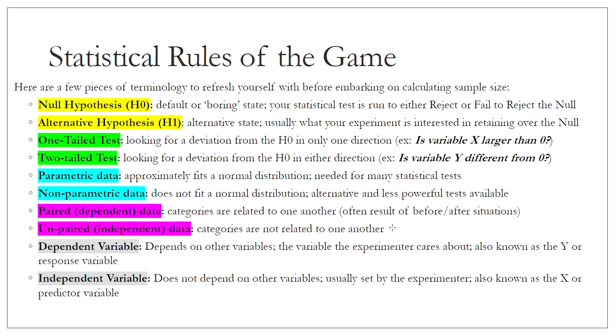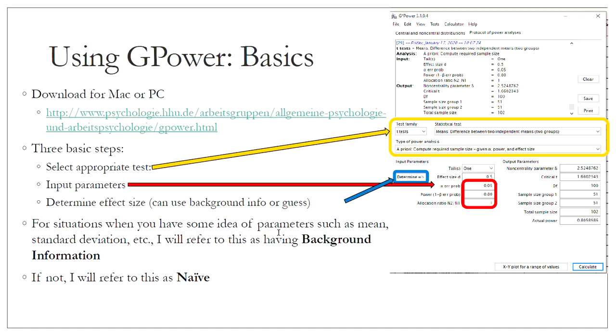So that would be male versus female, or your test group and your non-test group. Dependent variables depend on other variables. It's the variable the experimenter cares about, also known as the Y or response variable. The independent variable does not depend on other variables, is usually set by the experimenter, and is also known as the X or predictor variable.